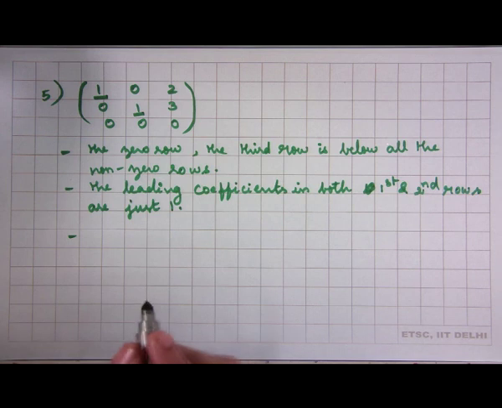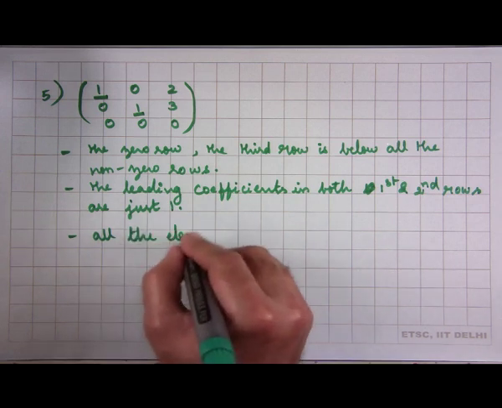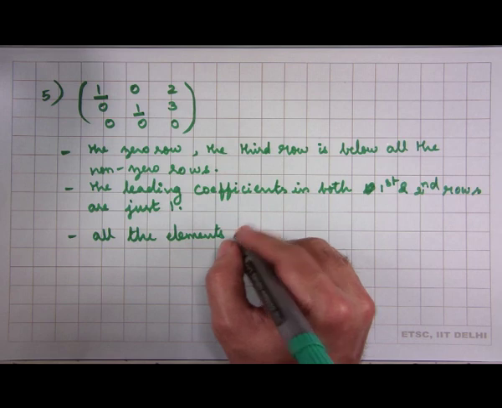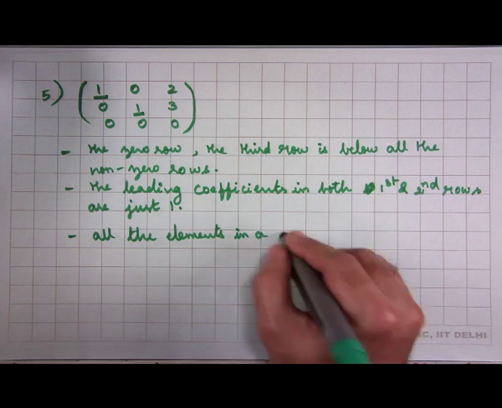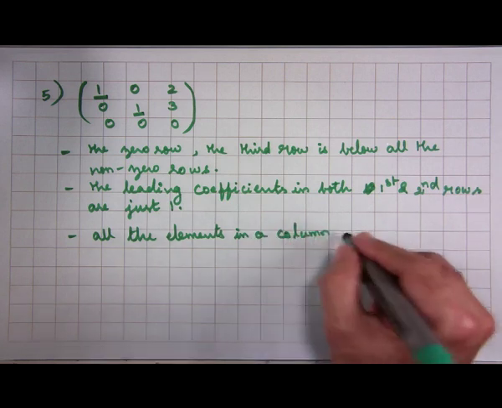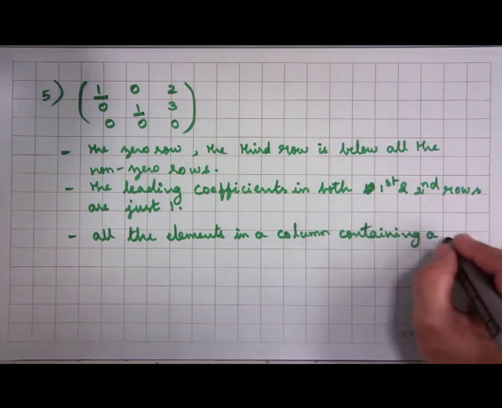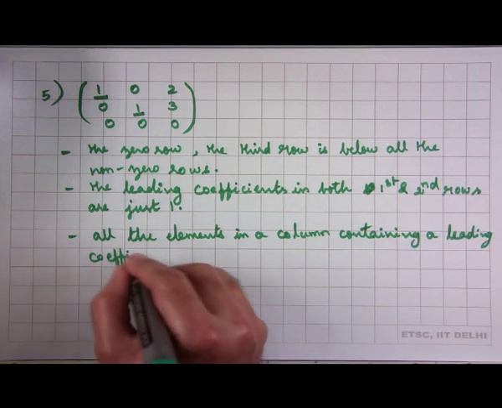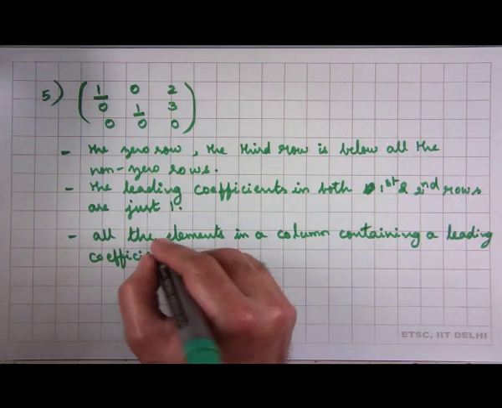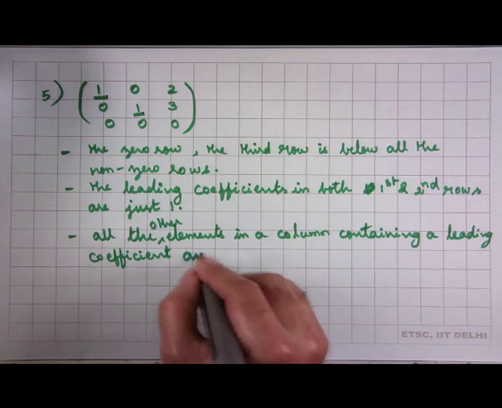The third one that you wanted is that all the other elements in a column containing a leading coefficient are 0.